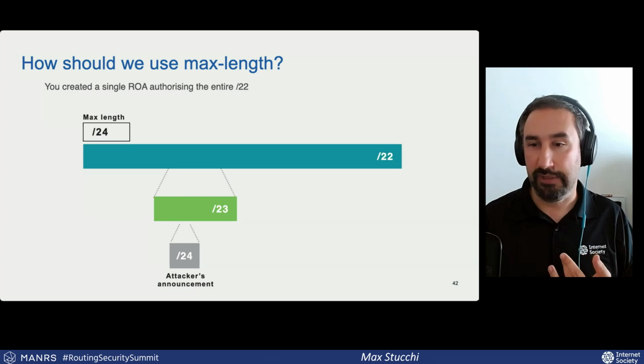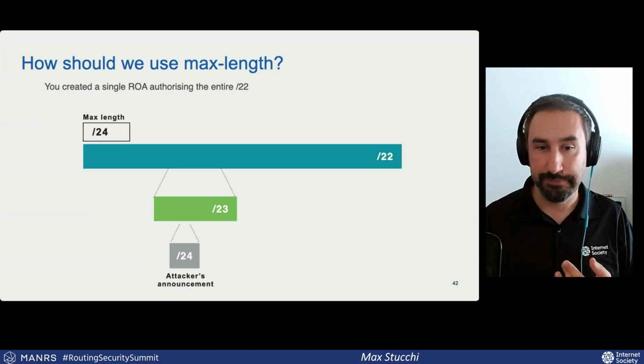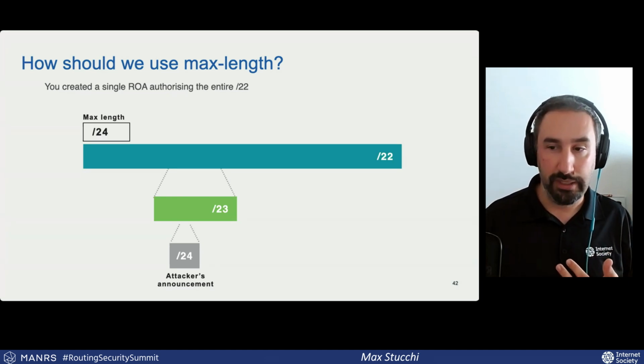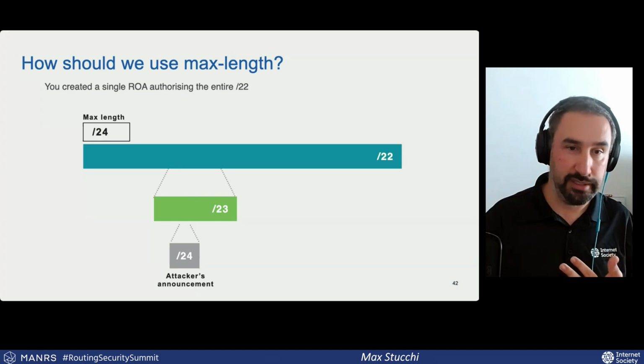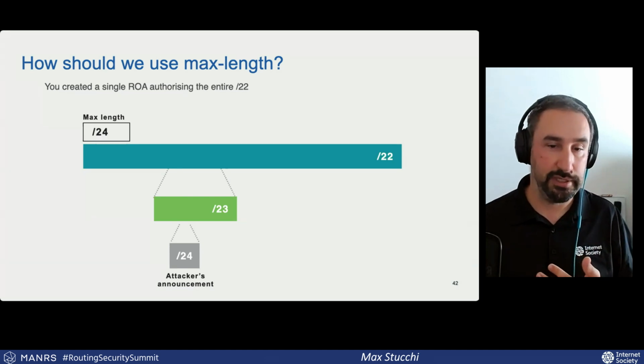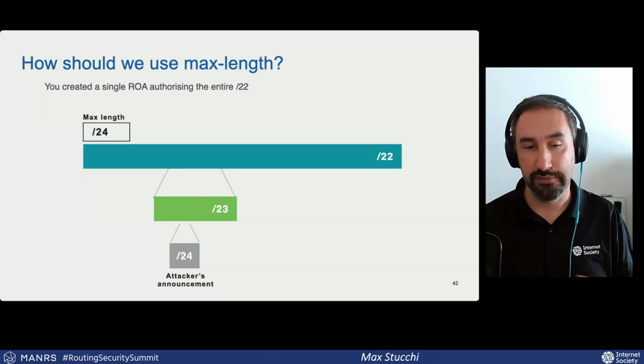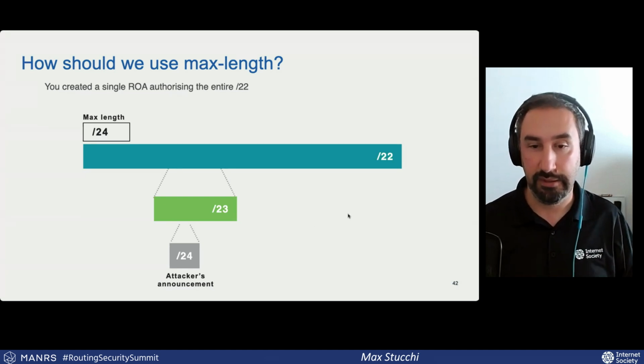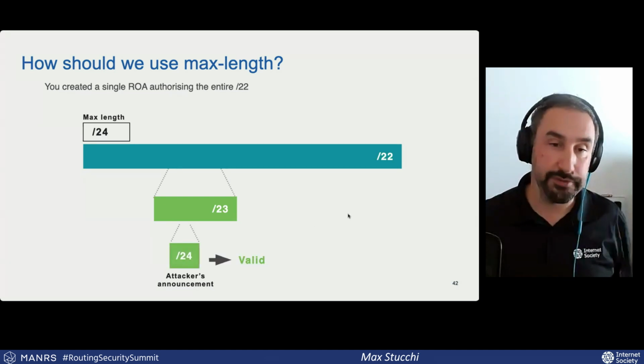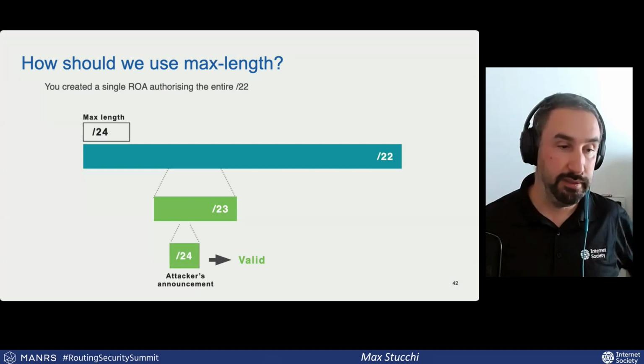Now, the origin would be fine because the AS matches. The ROA says that that origin ASN is allowed to announce up to /24. So that matches. So everything is fine. So in reality, the BGP announcement would be perfectly valid.